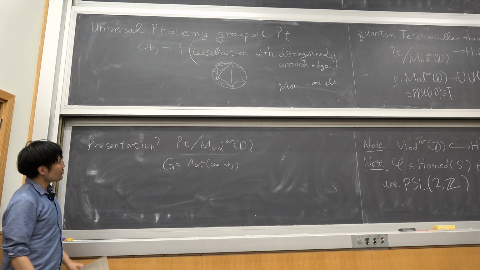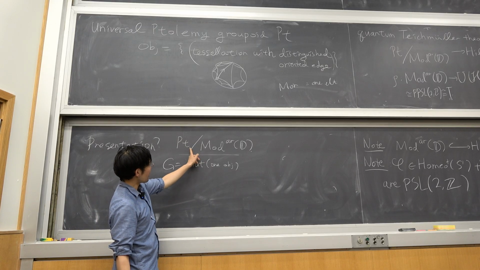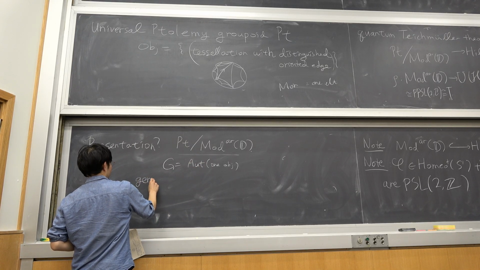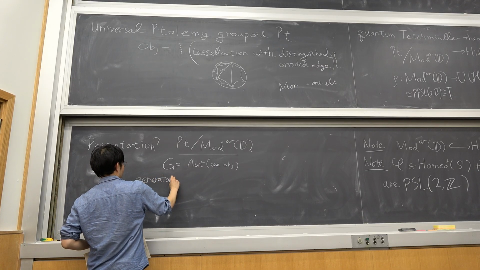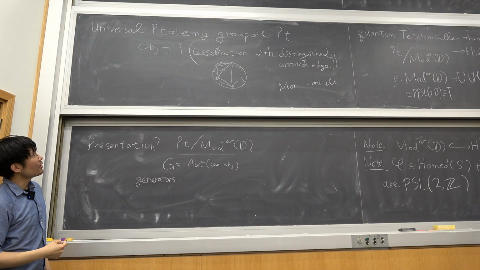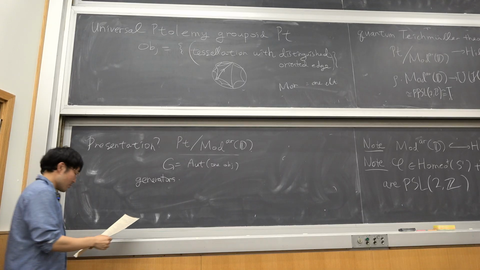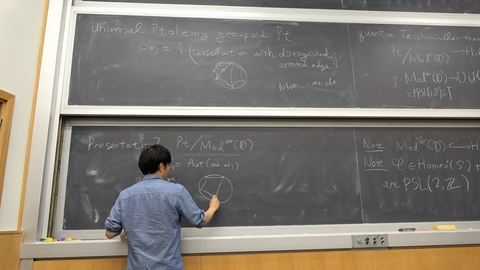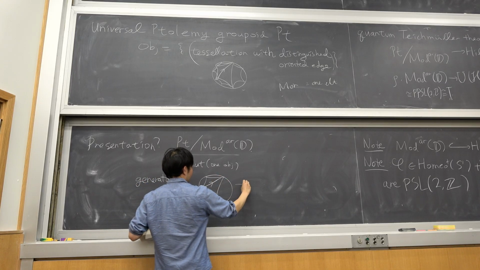Anyways, this is the morphism set from that single object to itself. And the generators, so the finite type generators were the flips at edges. And here you only need one kind of flip, but with marking.